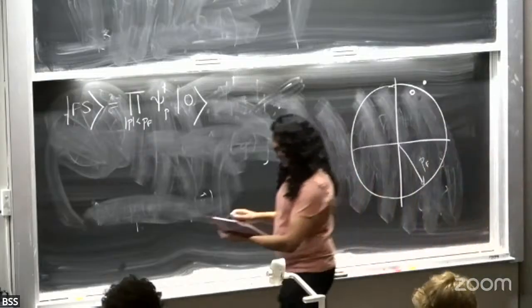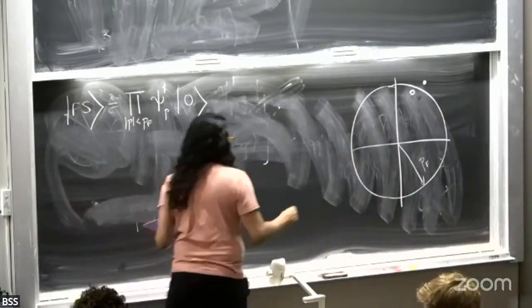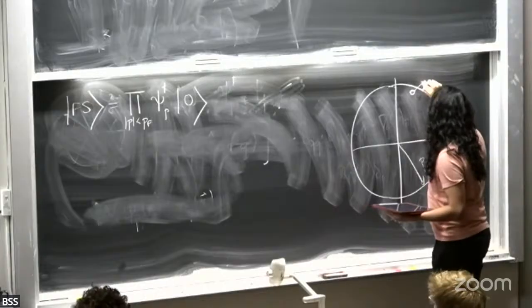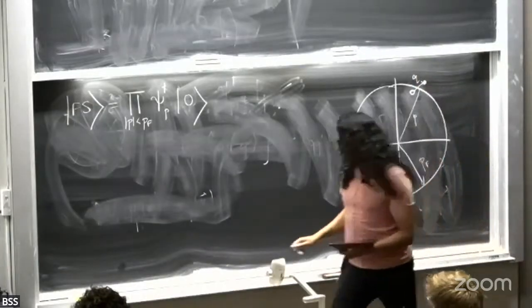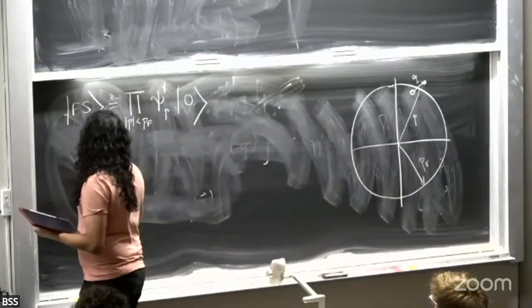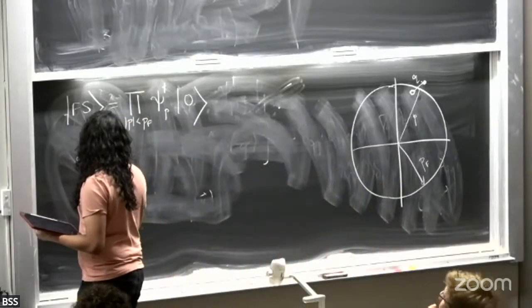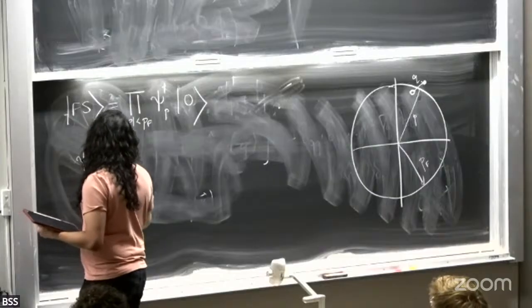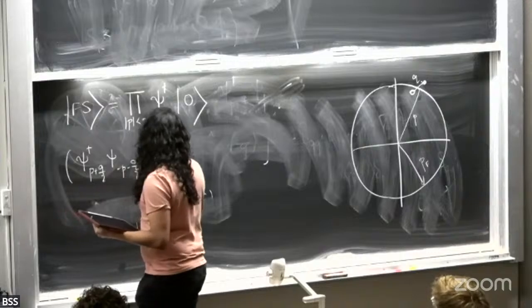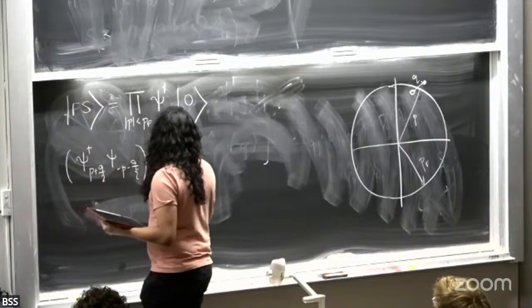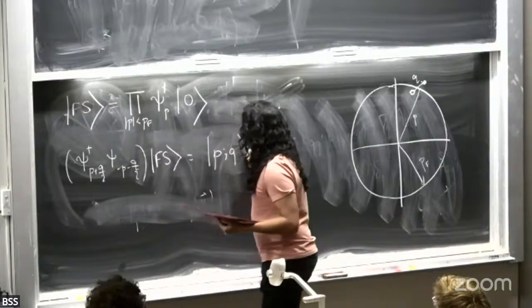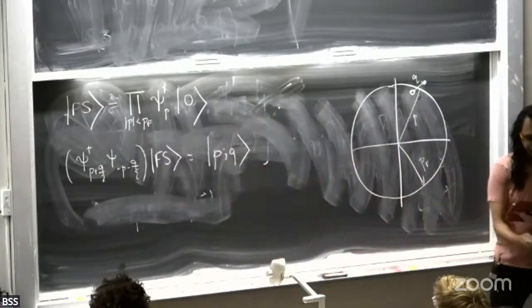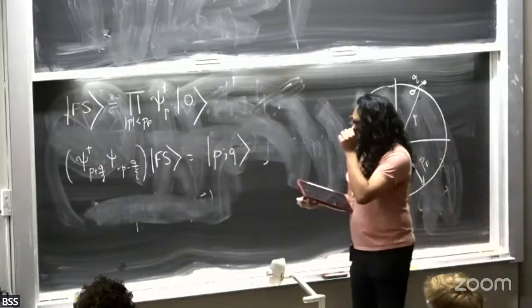So this excitation, if I once again label this as Q, P, is created by psi dagger of P plus Q over 2, psi of minus P minus Q over 2, acting on the Fermi sea. And I'll call this P, Q.